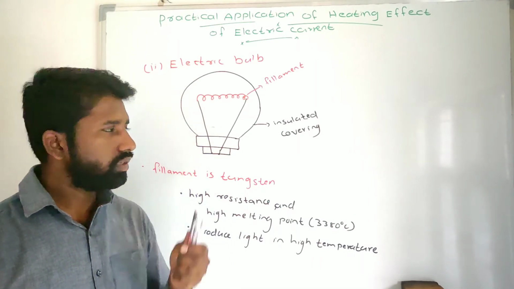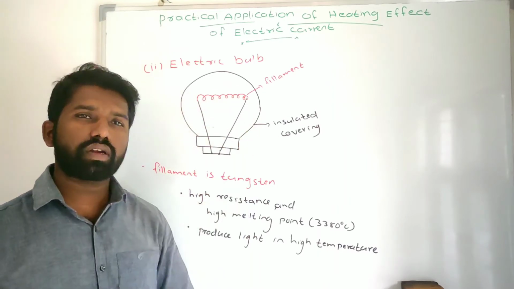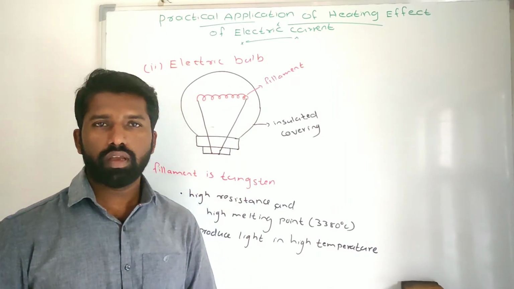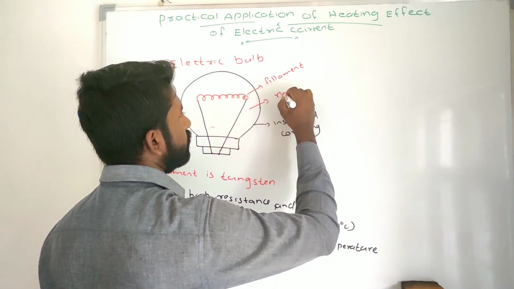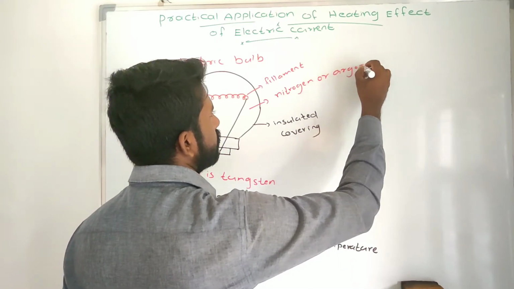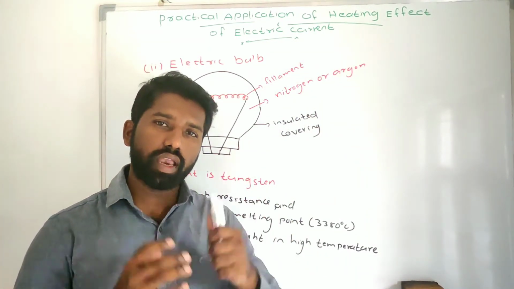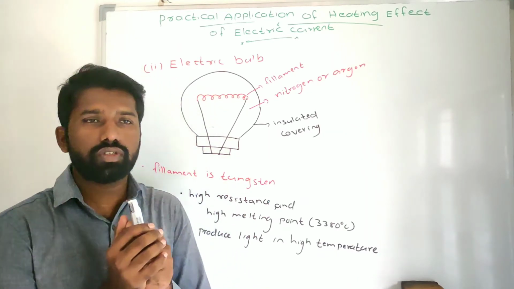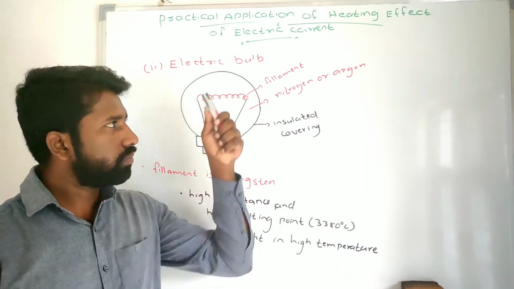To avoid that, the filament is covered by an insulating covering, normally a glass covering, and it is filled with inactive gases like nitrogen or argon. Nitrogen and argon are inactive even at high temperature, so they will not interact with the tungsten. This is about this application.